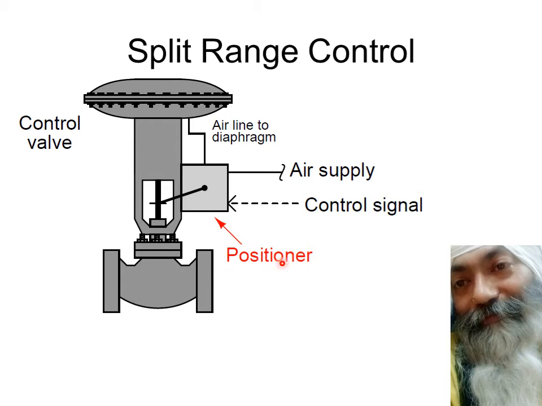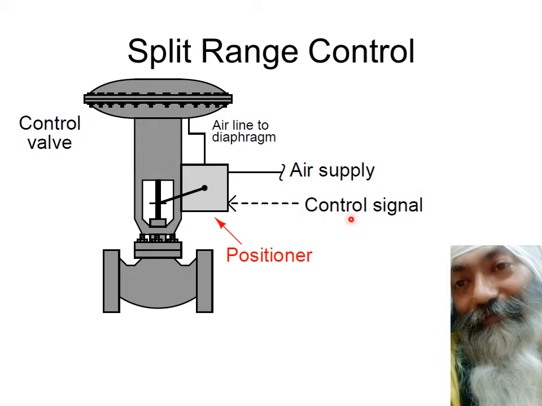So valve positioner has three roles. First, to take the feedback and make the valve practically come to that position which is required as per the control signal. Second, as you can see, it can change the range.